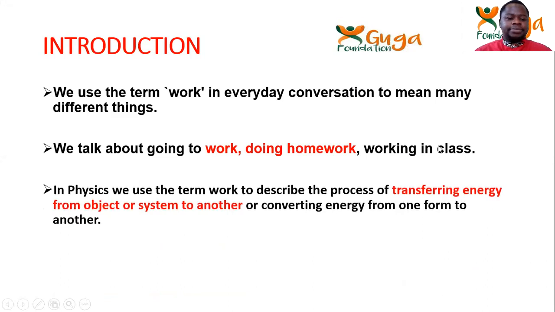In physics, it's something different. In physics, we use the term work to describe the process of transferring energy from one object or system to another, or converting energy from one form to another.